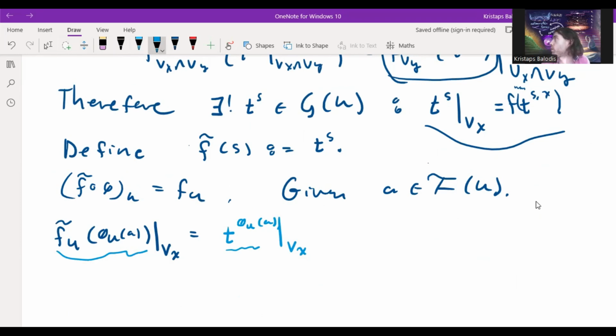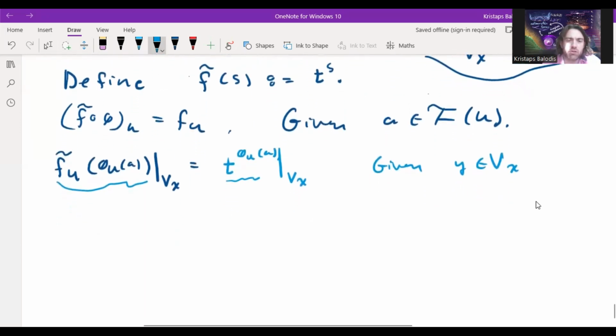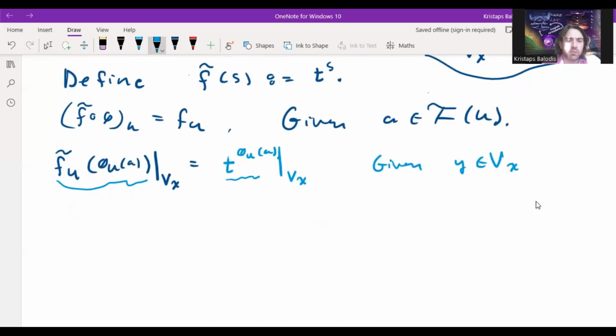Okay, fantastic. But now remember, given y in Vx, note that the stalk of this thing, of course, is just the same as the stalk of this thing.